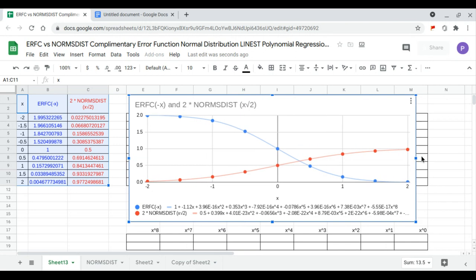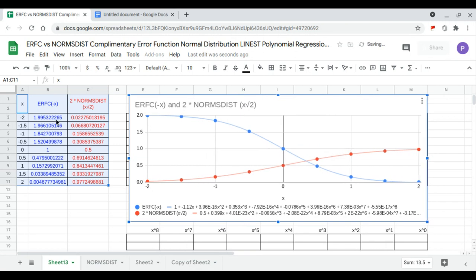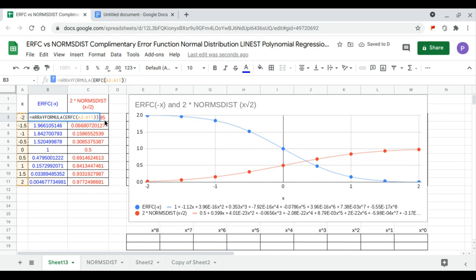Next, we will modify it. Here we have a negative sign, so apply negative sign. Enter.